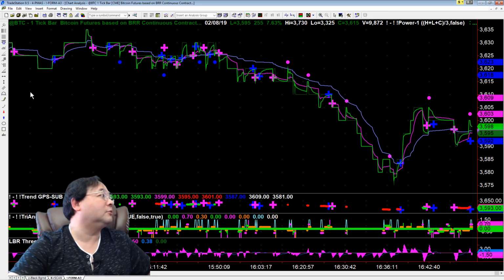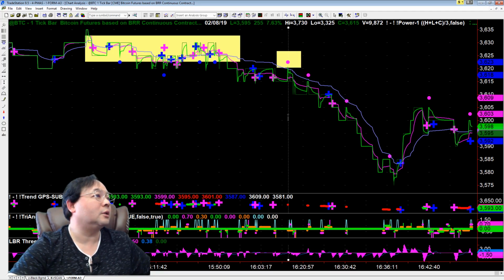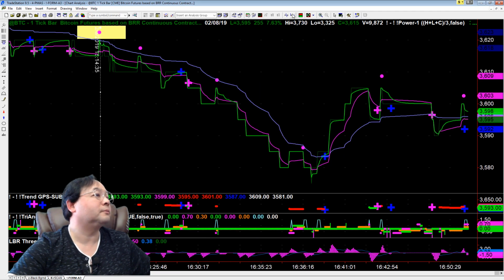So right away, what do we see right here? We see a whole bunch of arrows, pink arrow, blue arrow, so the market is battling right here. But right here, we have a confirmed sell signal, right? The pink dot right there. So this is a tick chart now. So that's our first sell signal. Let me pull up the chart a little more.